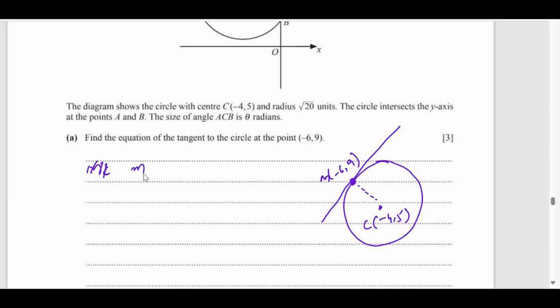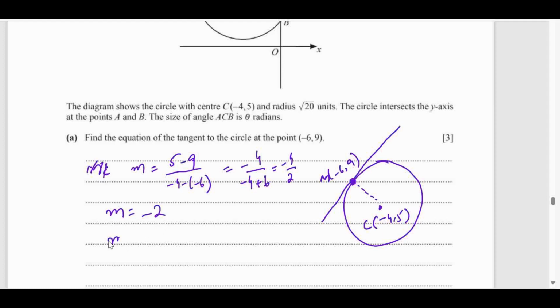Gradient of MC. So this will be equal to (5 minus 9) divided by (-4 minus -6). So this will be -4 by -4 plus 6, which means that this will be -4 by 2, and the gradient will be equal to -2.